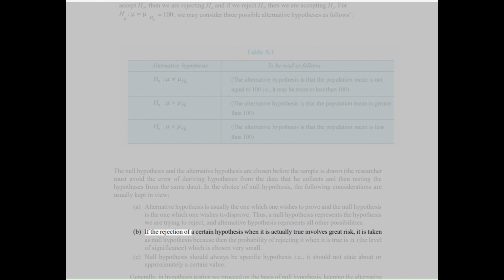B. If the rejection of a certain hypothesis when it is actually true involves great risk, it is taken as null hypothesis because then the probability of rejecting it when it is true is the level of significance, which is chosen very small. C. Null hypothesis should always be a specific hypothesis, i.e., it should not state about or approximately a certain value.